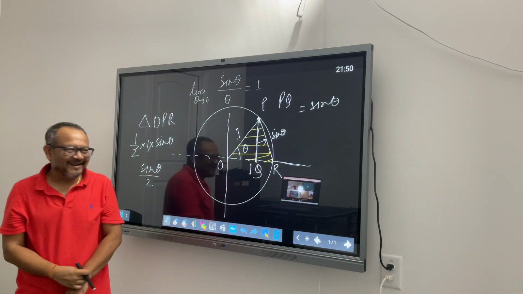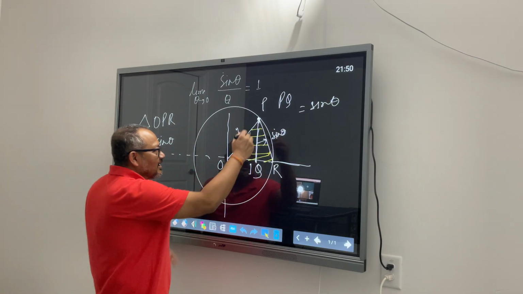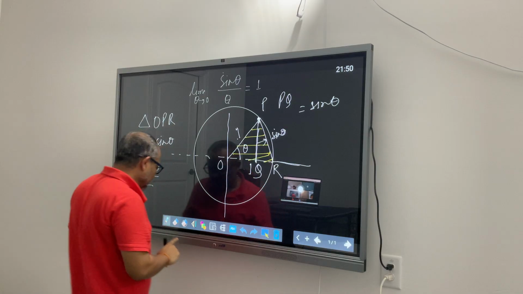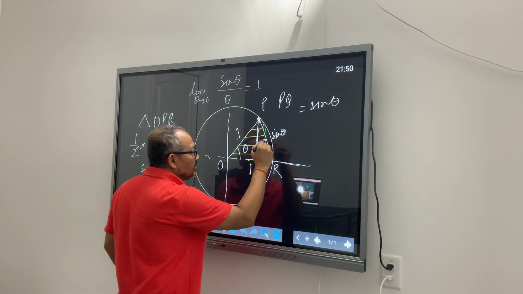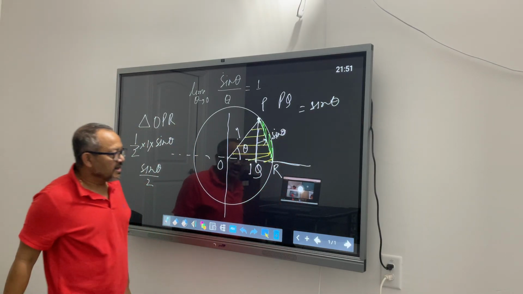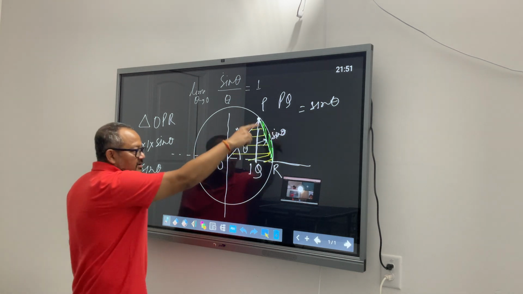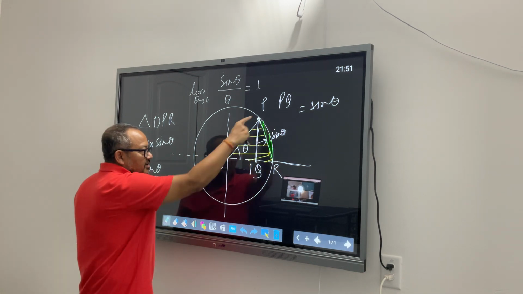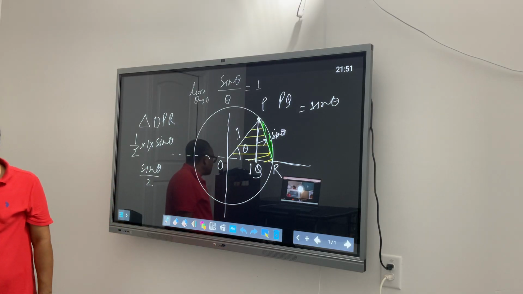Okay. Alright. So now let's add the green color to it. Meaning, if I have to find out the area of this, yellow plus green, what will that be called? Sector? Yeah?